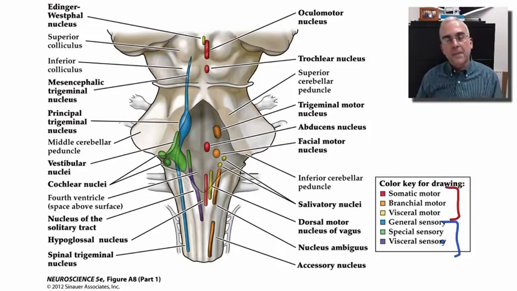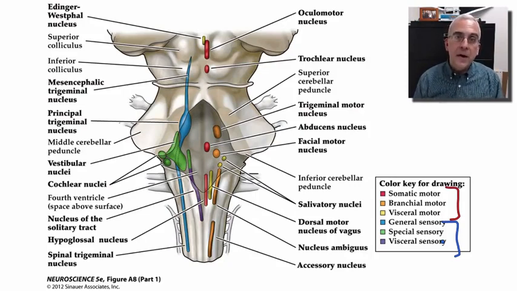So we call the axons that connect to those muscles somatic motor axons, and the nuclei that grew those axons, somatic motor nuclei. And in the head and the neck region of the embryo, we have something called the pharyngeal arches. And from the pharyngeal arches are derived a variety of tissues, including some of the muscles of the cranial region and deep within the neck. And the motor neurons that innervate these derivatives of the pharyngeal arches that become muscles are called branchial motor neurons, giving rise to branchial motor axons.